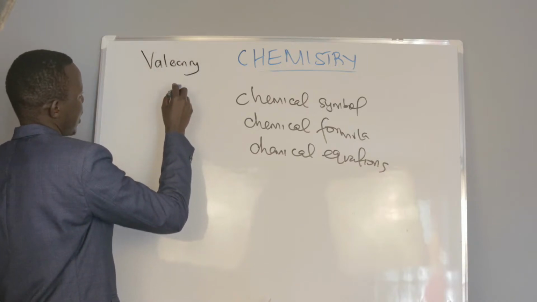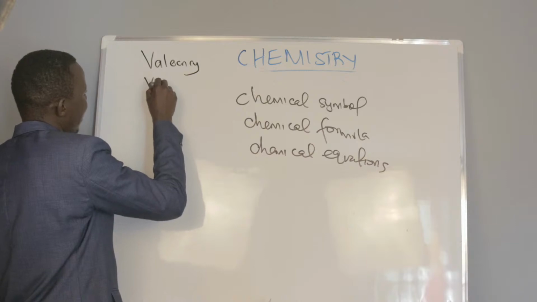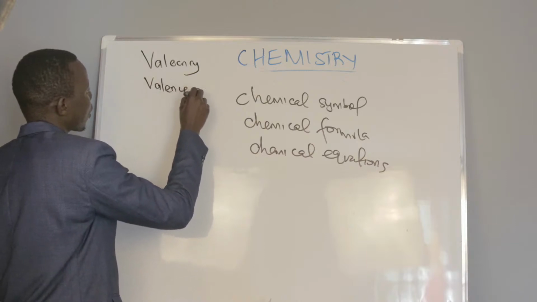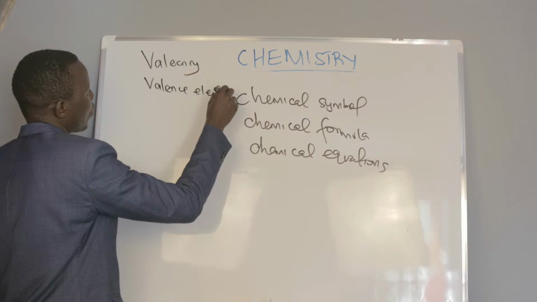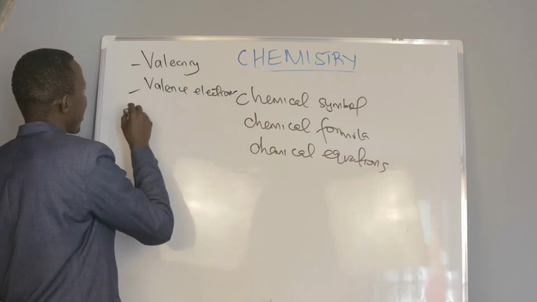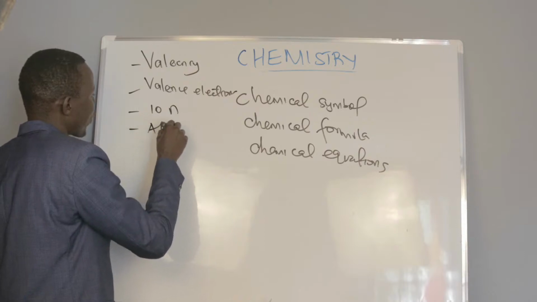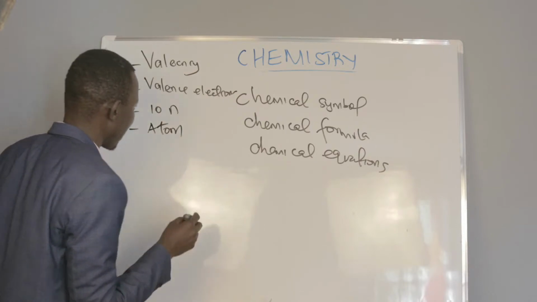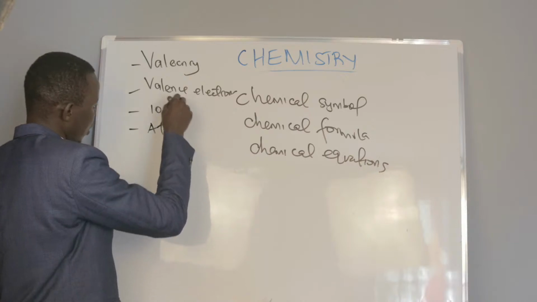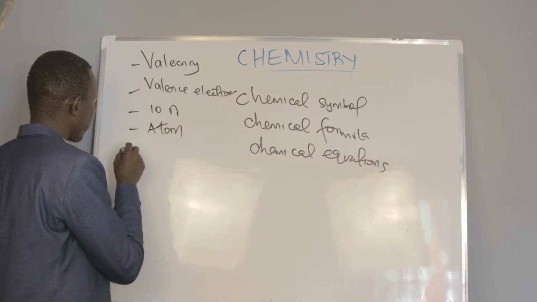Define valence electrons. Define ion together with atom. I know we have defined atom very many times, but for now it is necessary so that we can talk about the two.